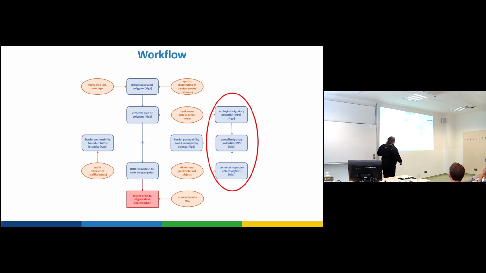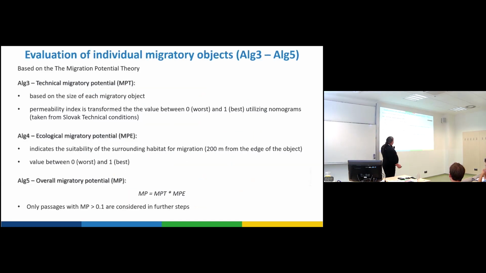Another thing is these migratory objects. So we have a set of three algorithms based on the migration potential theory. We have a technological potential given by the size of each object, which is available from the data of the motorway directorate.